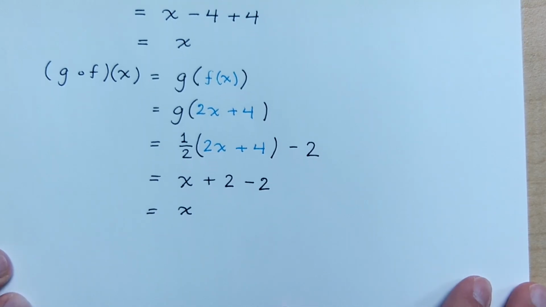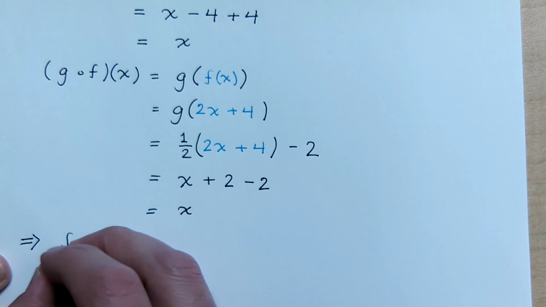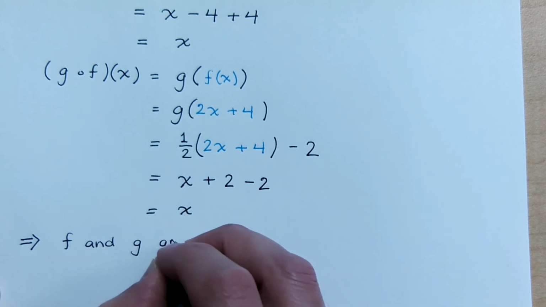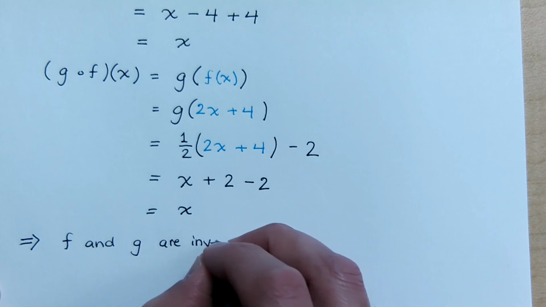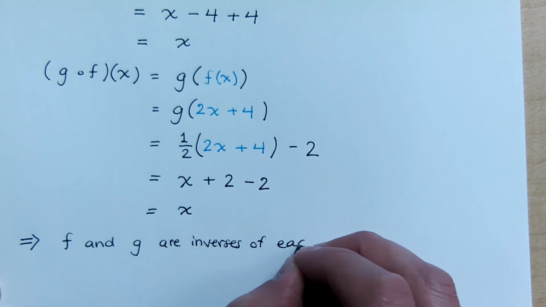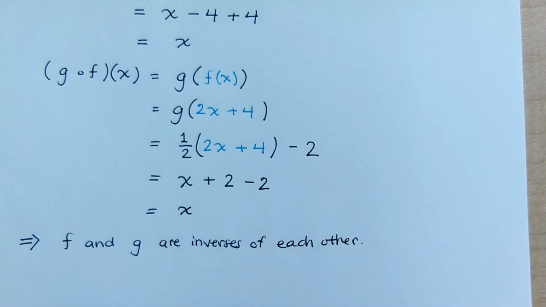And so what we have shown, and what we can conclude, is that f and g are inverses of each other. In other words, g will undo what f does. g is the inverse of f.